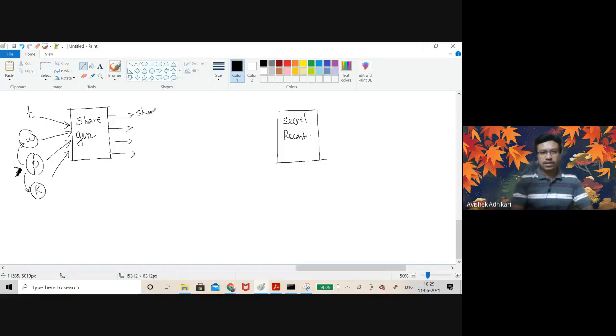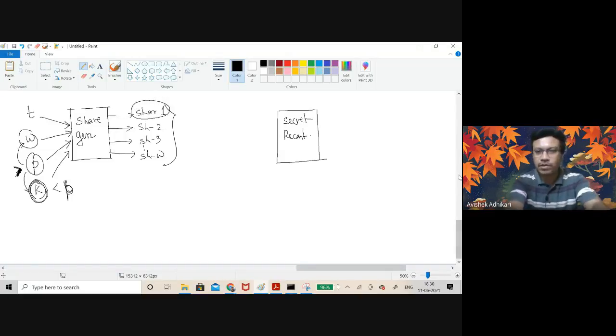So this is share 1, share 2, share 3, and so on up to share W. Now, if you consider this to be an integer less than p, then for this k you will ultimately get some number for each share which is also strictly less than p, because everything is done modulo p.